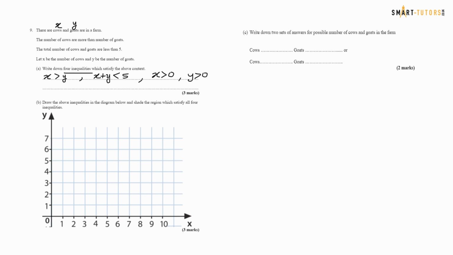First of all, x is greater than y. First you need to know x equal y: where is the line? The x coordinate and y coordinate are the same. So when x equal 1, y equal 1, and let's say x equal 3, y equal 3. So that is the straight line.